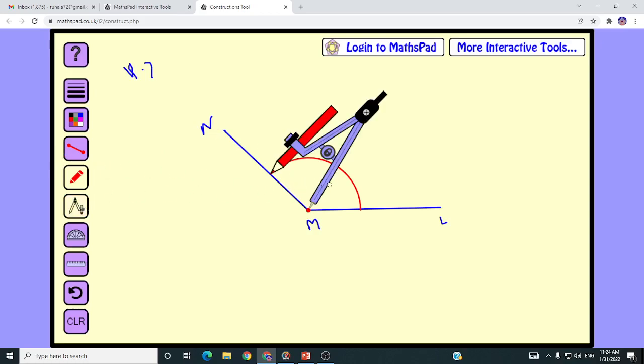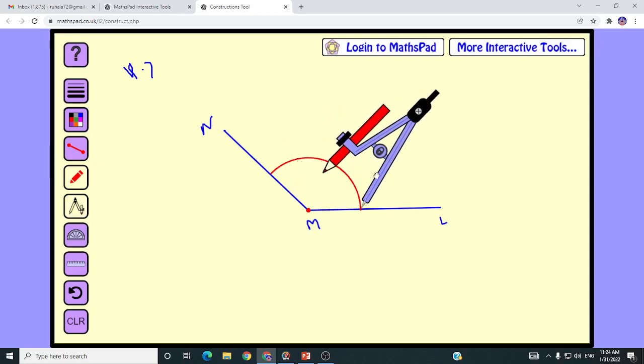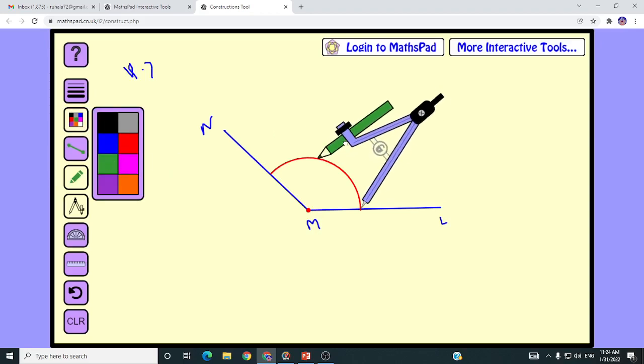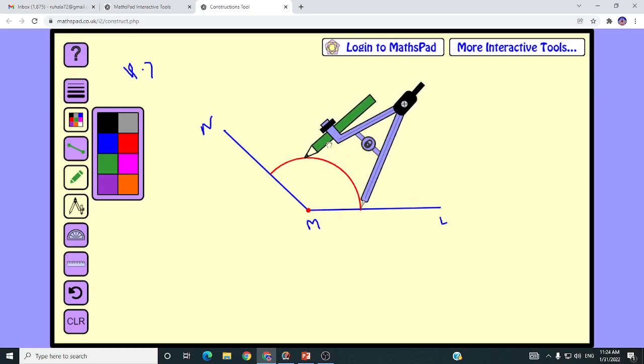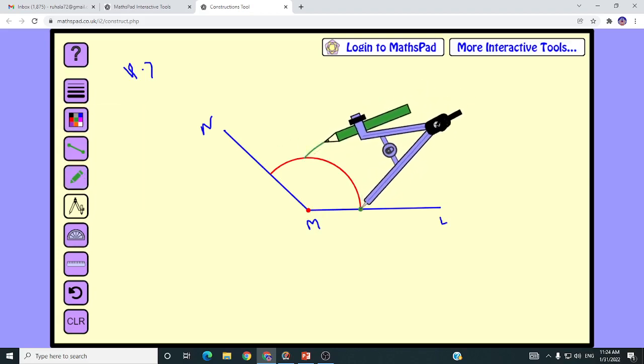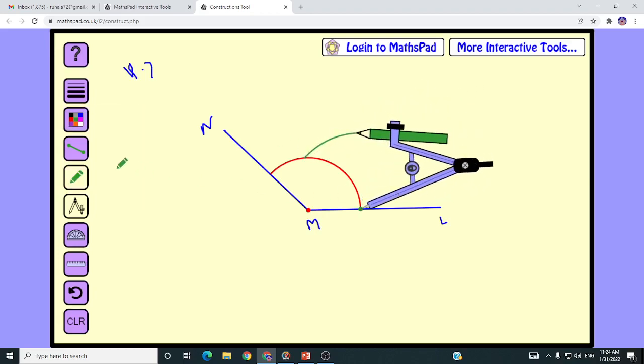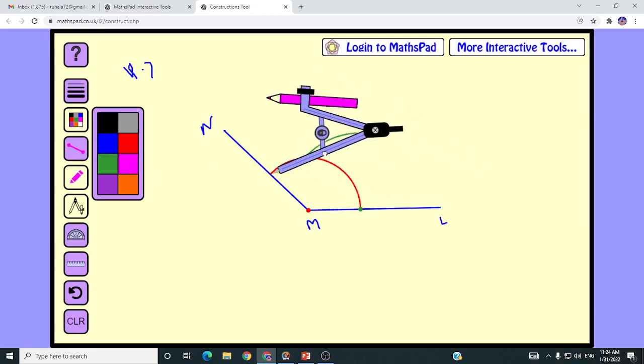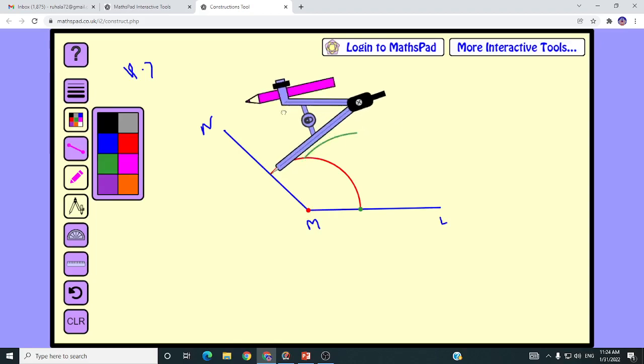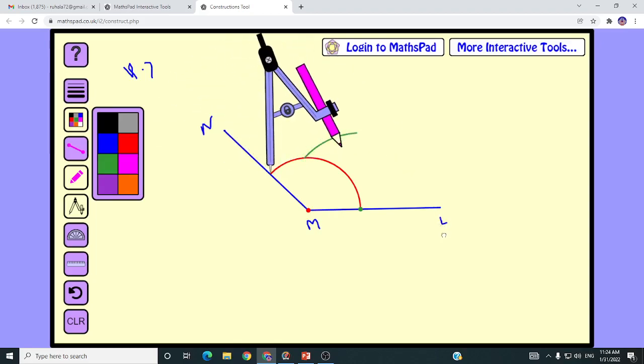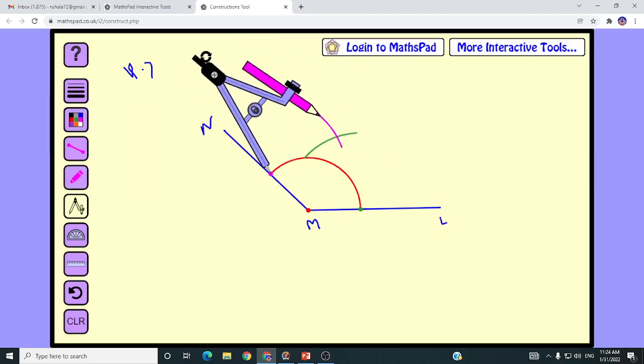Now put the tip of the compass here on the LM line. You got the 1 point. Take more than half the distance of the previous arc and make an arc from the green point, and take a second arc with the same radius from the pink point.